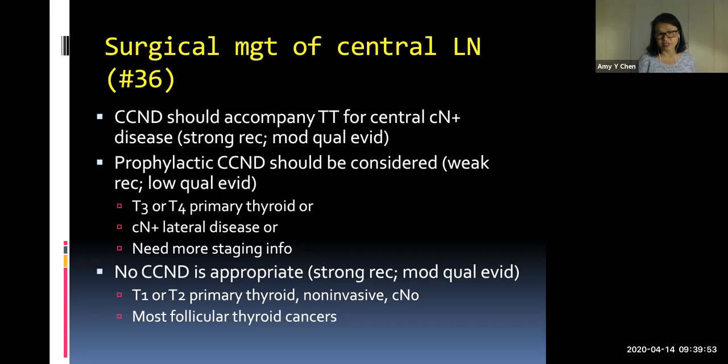Particularly if they have lateral disease or if you need more staging info. It's okay to not do a central lymph node dissection if it's a smaller primary tumor, such as a T1 or T2, it's non-invasive and there is no cervical lymphadenopathy. And this would apply for most follicular thyroid cancers.